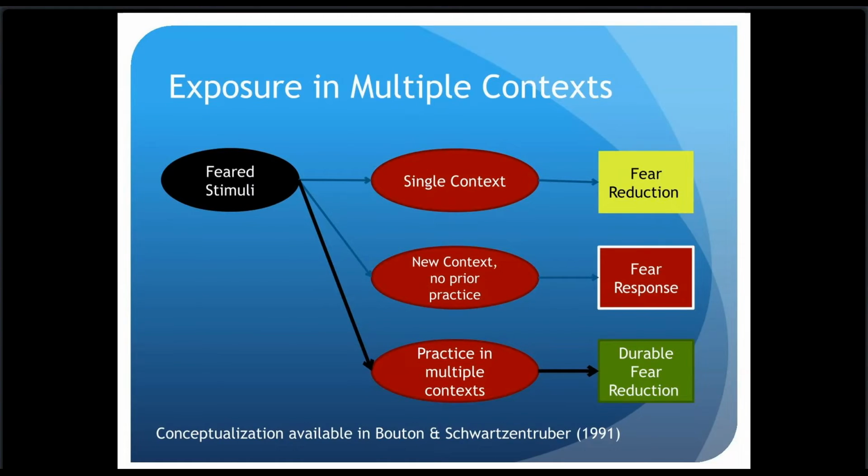So the context is things like their particular state of mind, a time of day, the way that they may feel, and you get fear reduction. Then you do exposure in a new context, no prior practice, and there's fear response. So they need to practice it again in a new circumstance. So practice in multiple contexts is what helps to ensure that there is durable fear reduction.